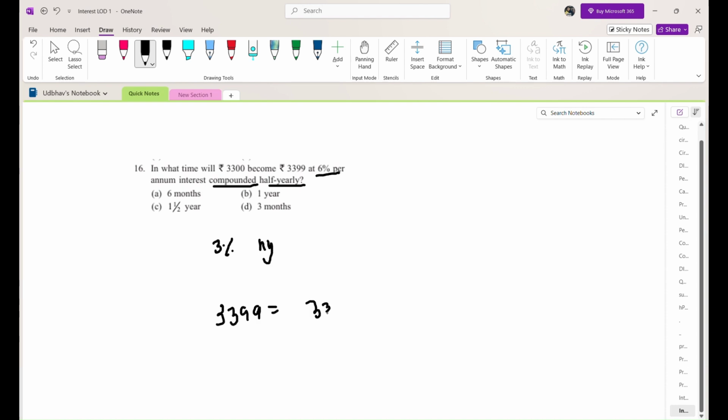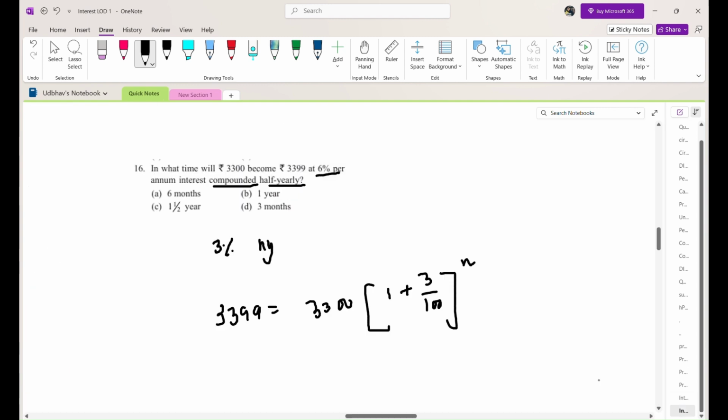3399 equals 3300 into 1 plus r upon 100 to the power n. We want to find n, but we are given r is 3 here.